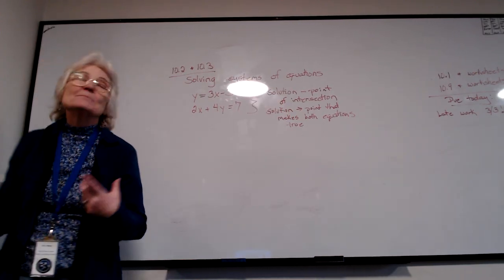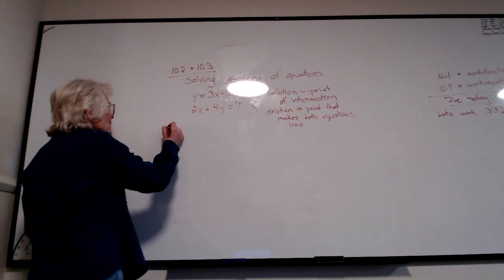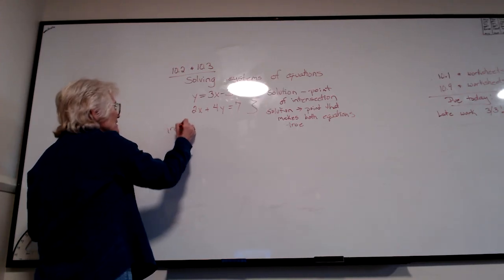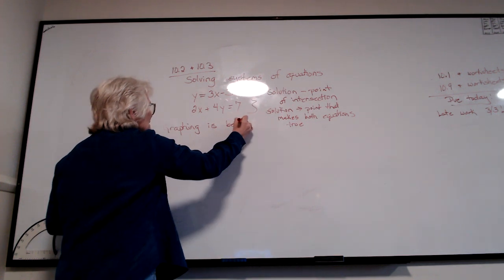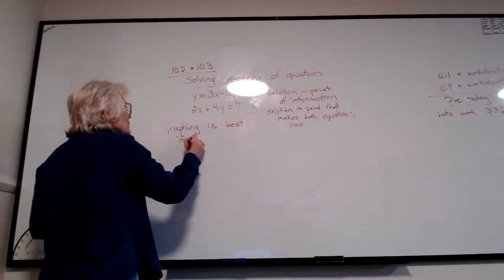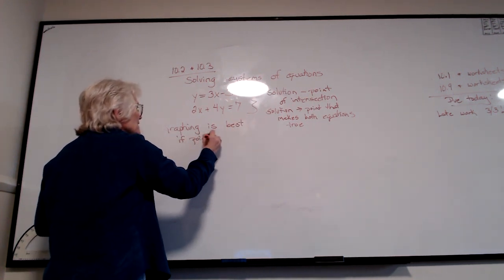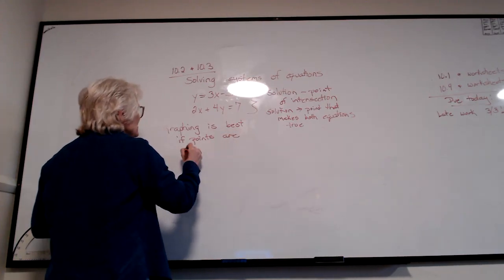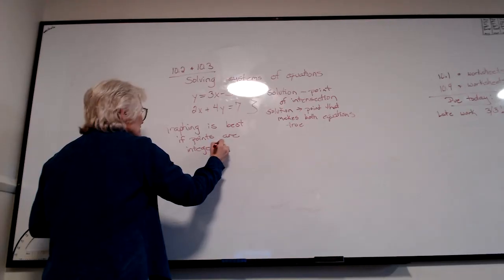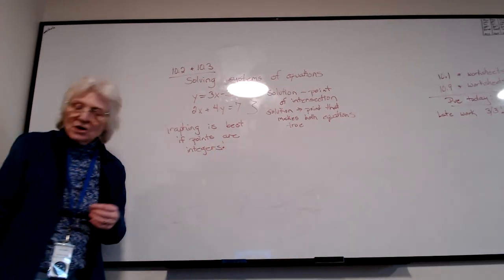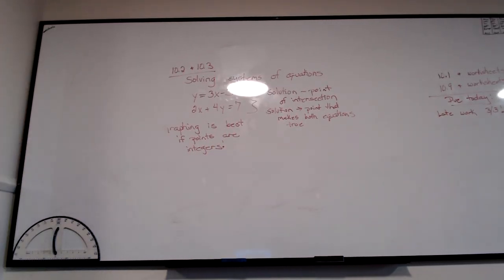Graphing works best if the points are integers. Not always do we get integers. Sometimes we get a third, or they intersect at 2 and 8.